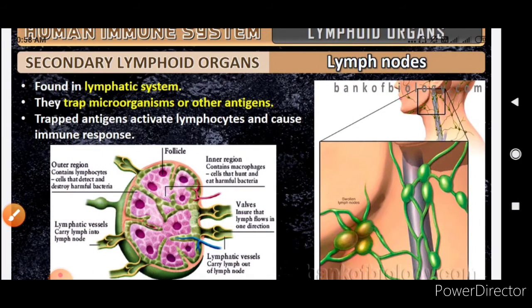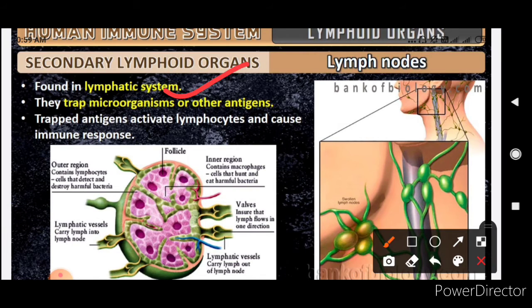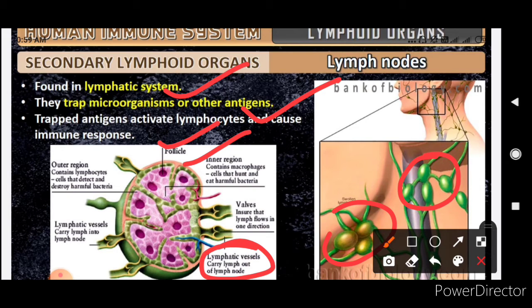Lymph nodes are found in the lymphatic system. They trap microorganisms or other antigens and fight against these. Trapped antigens activate lymphocytes and cause an immune response. This is the lymph node. This is the follicle, and these are the lymphatic vessels.